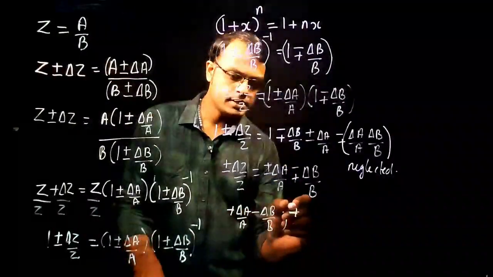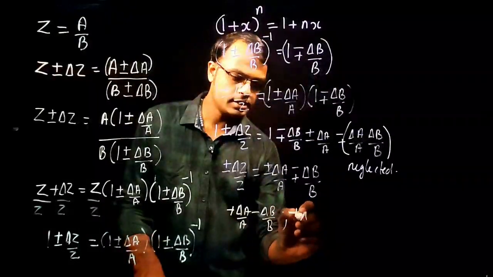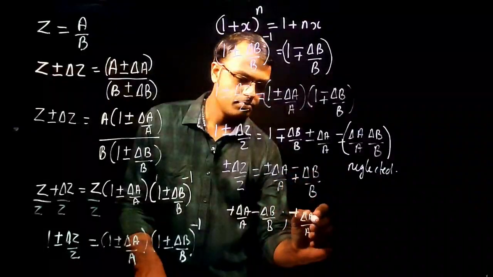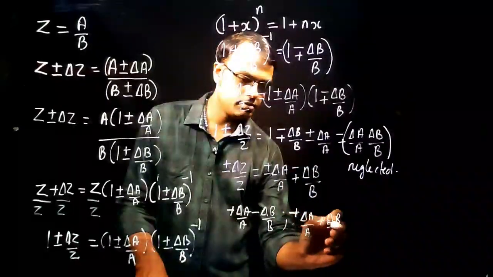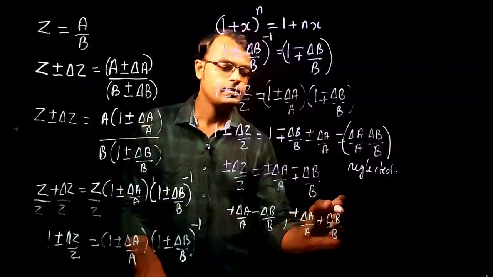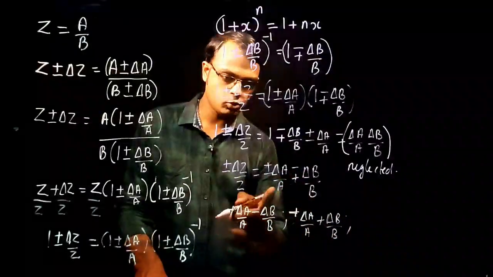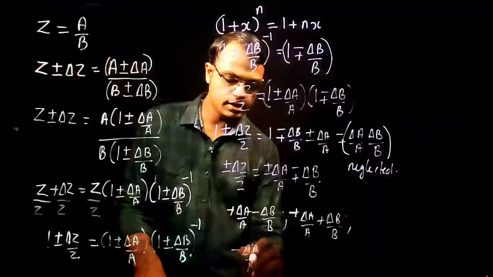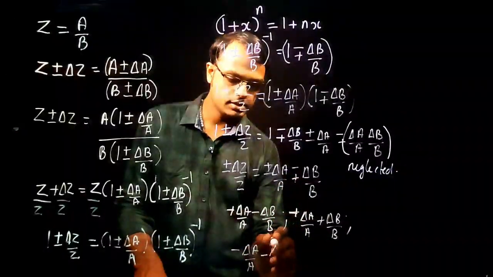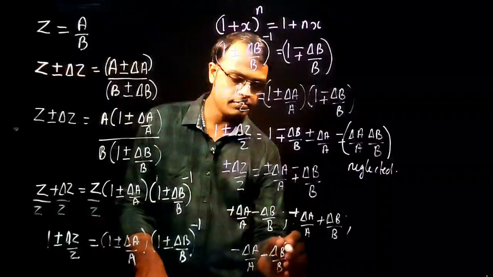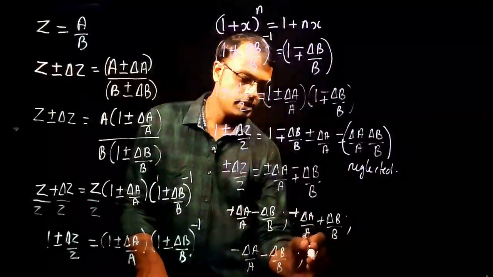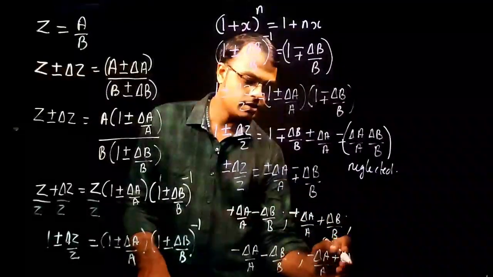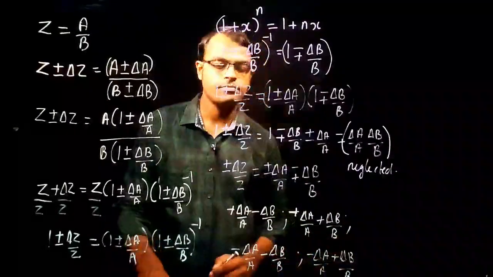Next one: plus Δa/a plus Δb/b. Next possible error combination: minus Δa/a minus Δb/b. What is the next one? Minus Δa/a plus Δb/b.